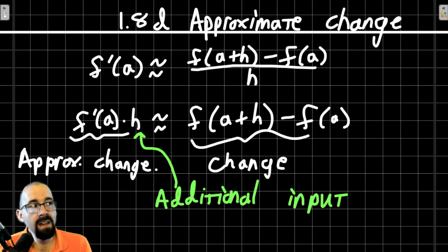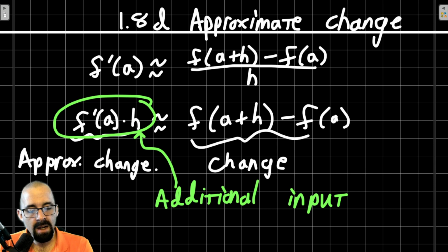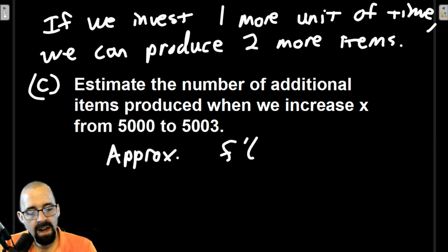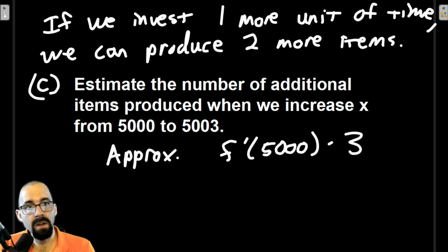We can get that change approximately by multiplying 3 times our derivative there. Using that formula, we're going to say the change is approximately f prime of 5,000 times h, which is 3.